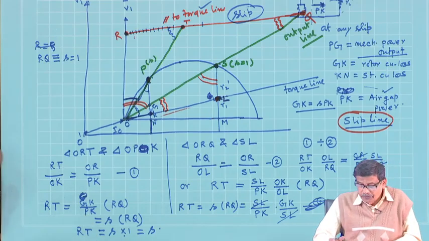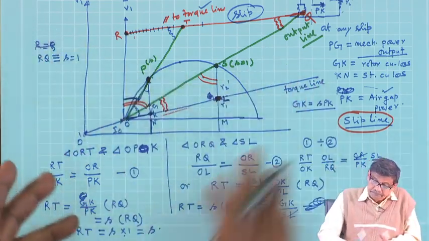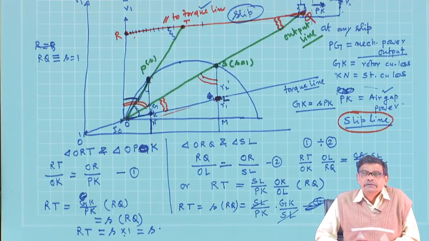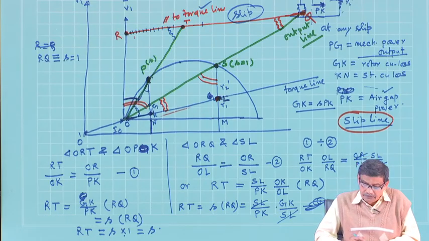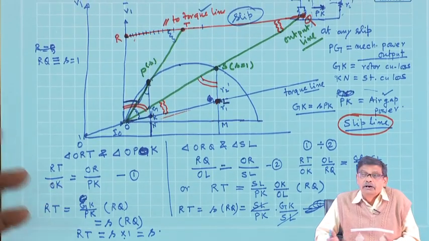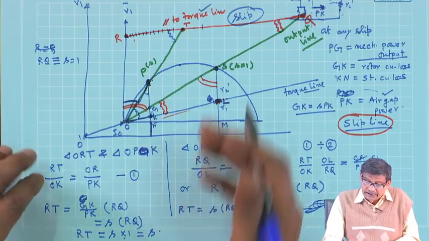So for a motor, if you have this circle diagram drawn, then you can estimate the performance of the machine for any value of slip between 0 to 1. So that is about the slip line.